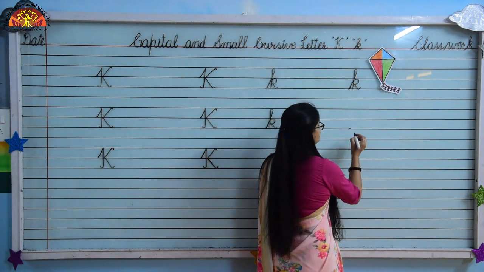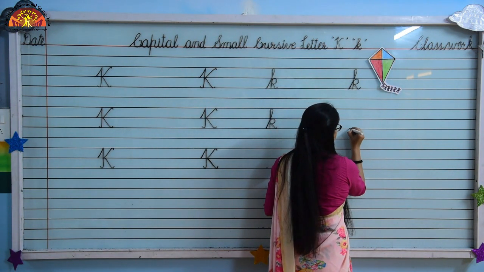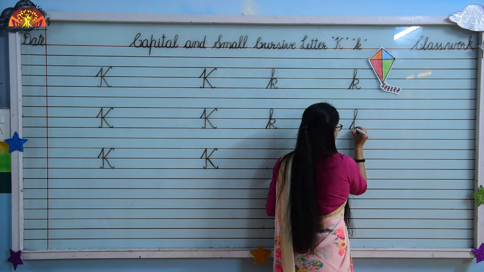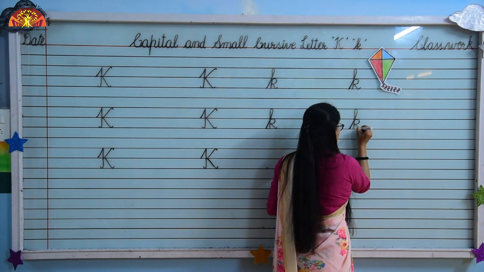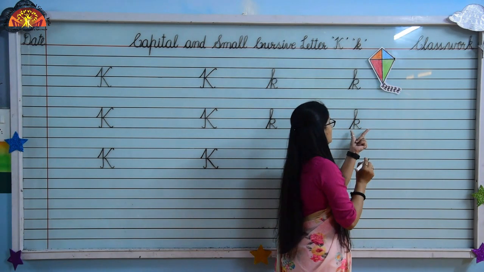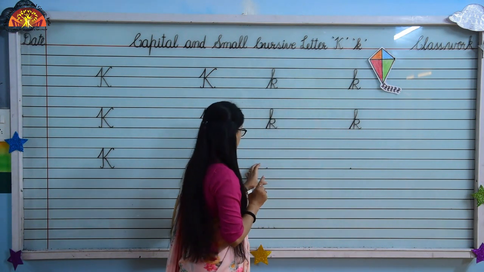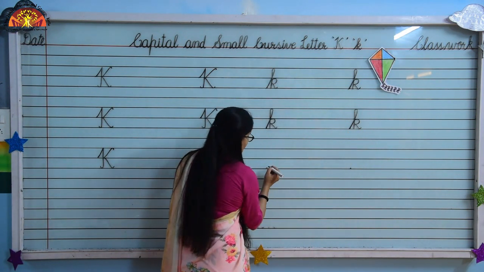Write it again. Put your pencil on third line, draw slanting line, touch the first line, loop, standing line, moving up with same line. Now between the second and third line, we will draw small curve, slanting line and turn. Small cursive K. Do it very carefully kids, okay?